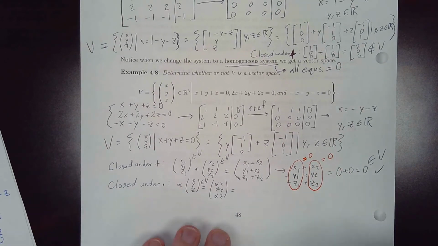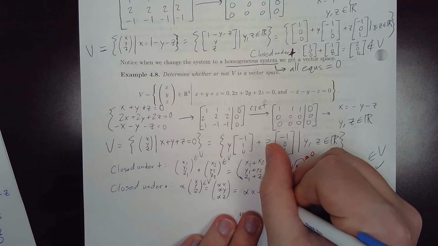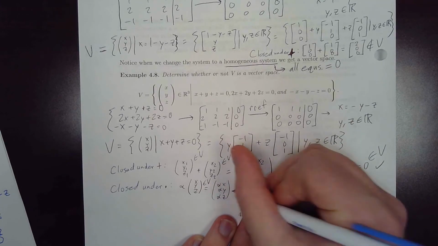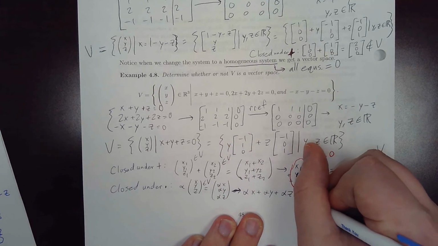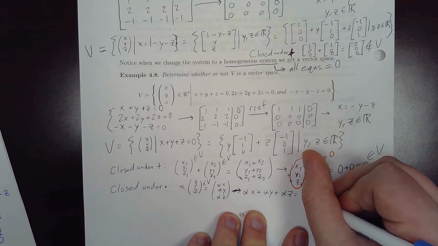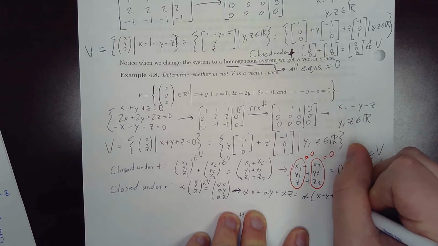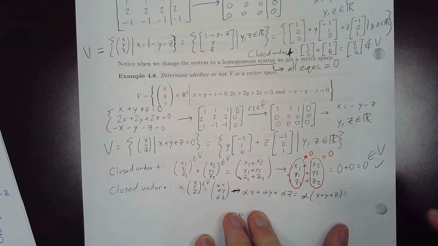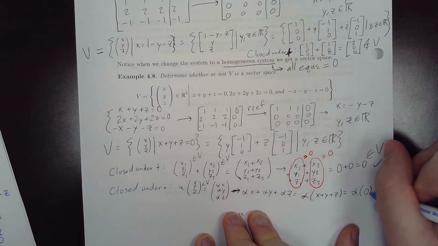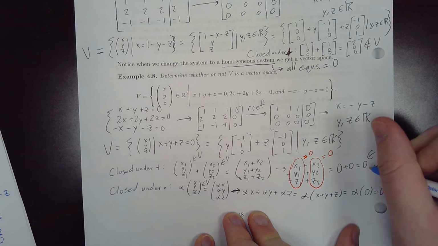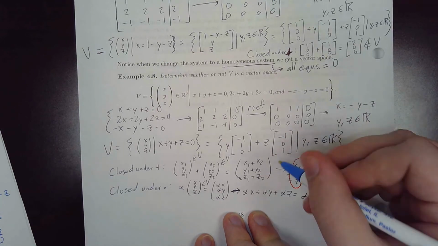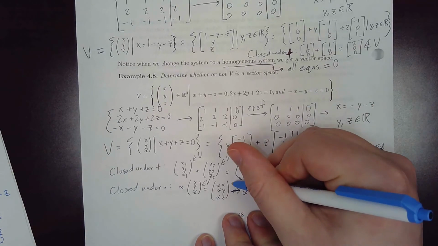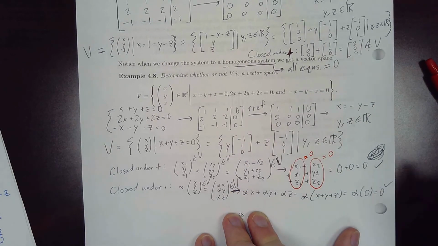And so here, once again, we'll have alpha x plus alpha y plus alpha z, which is just alpha times x plus y plus z. But since x, y, z is in V, this is 0, so we have alpha times 0, which is 0. So let me rewrite this. This is in V. And this is also in V.